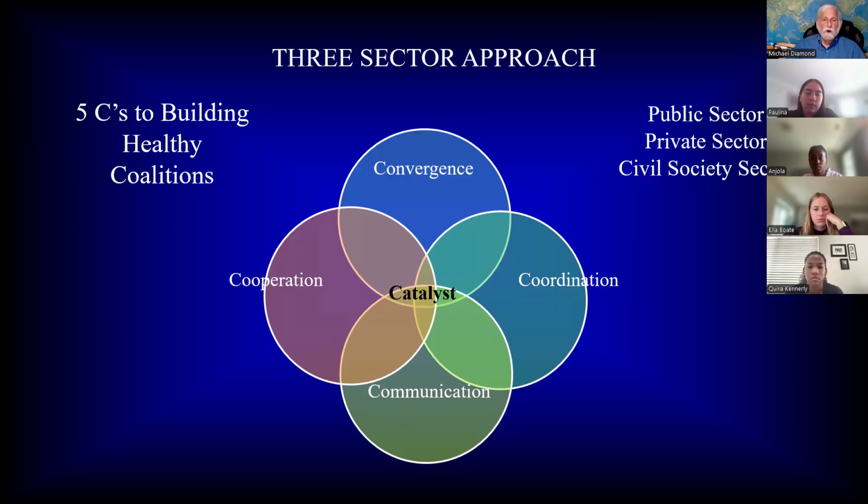We need to work at developing a language and content that we all share, so that when we talk, we're on the same wavelength. But all of this requires a catalyst, some group or person that can purposefully put these things together. In polio eradication, as we're going to find out later on, Rotary International was that catalyst.